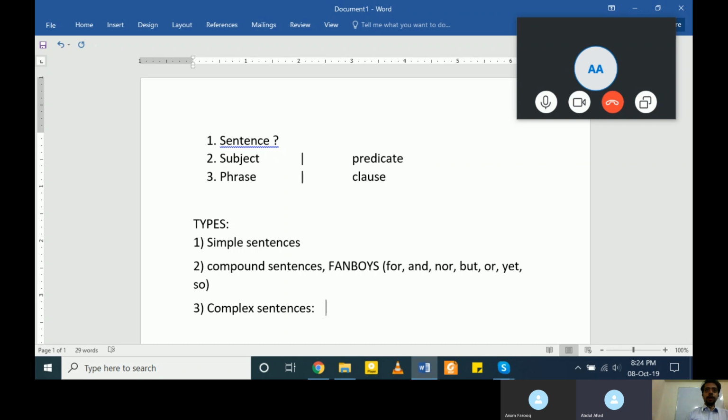Another example that we are going to discuss. I took my umbrella because it was raining. It's a correct sentence, a complex sentence. Now, because it was raining, I took my umbrella. This is also correct. What has happened? I have changed the position of the clauses.